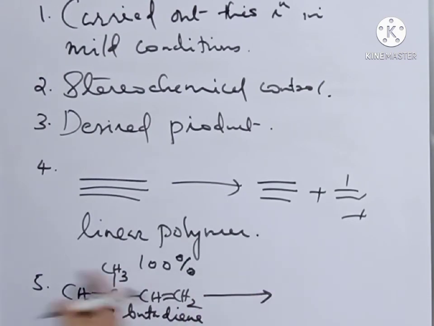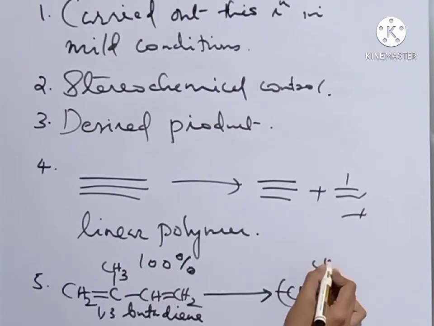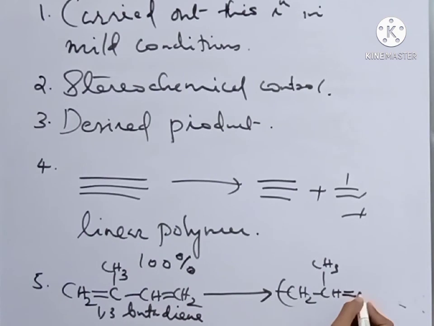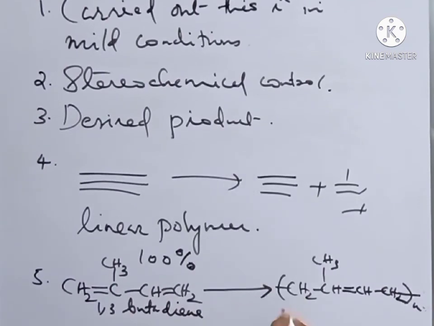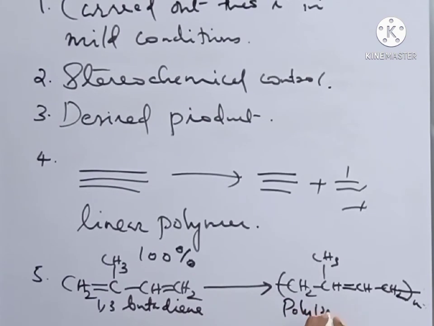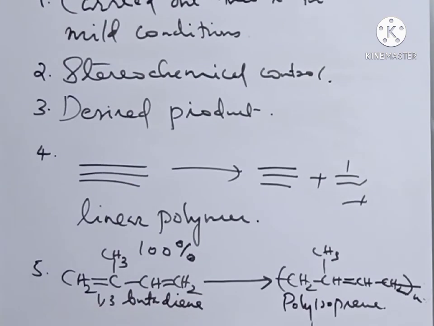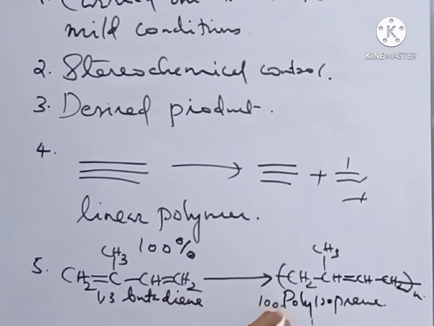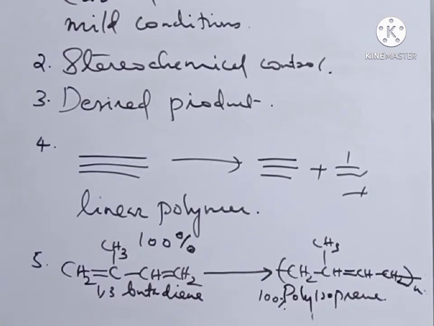So by using Ziegler-Natta polymerization, we'll get a 100% pure linear polymer chain like this: CH2, CH, CH3, CH, double bond CH, CH2 n times. In the normal case, we'll get a mixture of linear and branched polyisoprene units. But here in Ziegler-Natta polymerization, we'll get 100% linear polyisoprene units. So this is all about Ziegler-Natta polymerization.